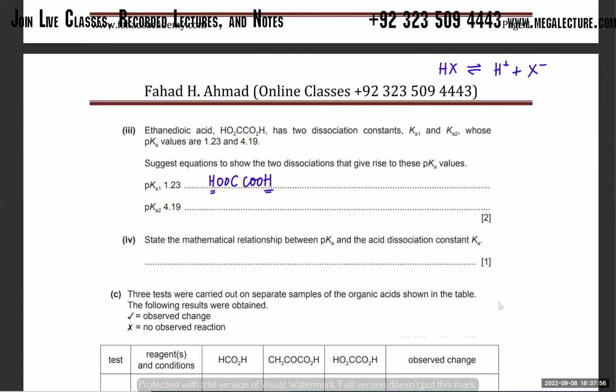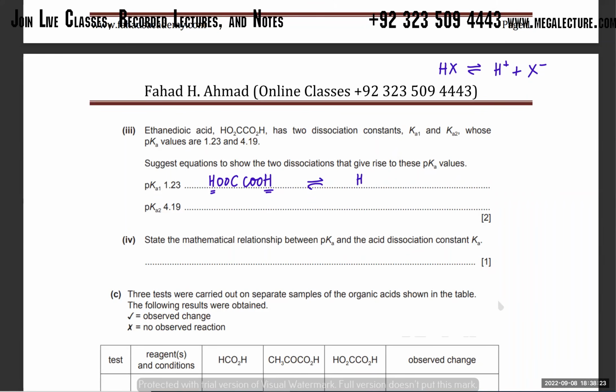I told you that when an acid has two H+1, it's not going to release those two H+1 in one go. This is not what's going to happen, that the two H+1 will be released and you'll have COO -1 and COO -1. What will happen instead is, पहले एक H+1, one of the H+1 will get released.